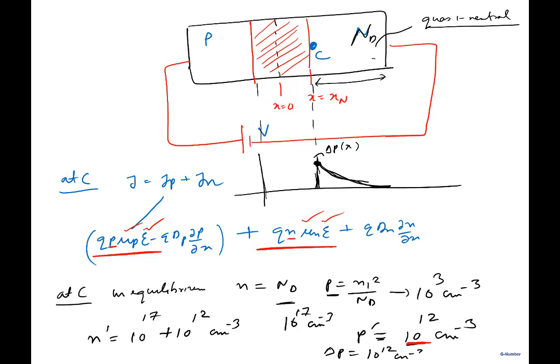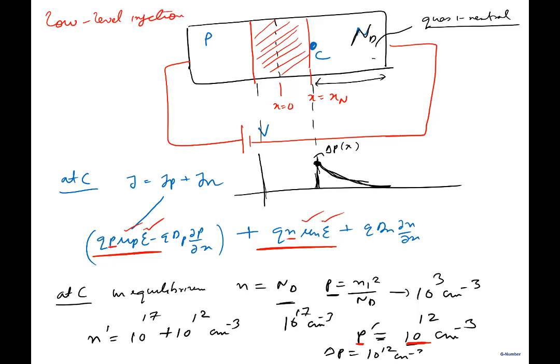Maybe yes. 10 to the power 17 is still much, much larger. But what if you have injected something like 5 times 10 to the power 16? Then N and P are comparable. But that's where the assumption comes in, the assumption of low level injection.